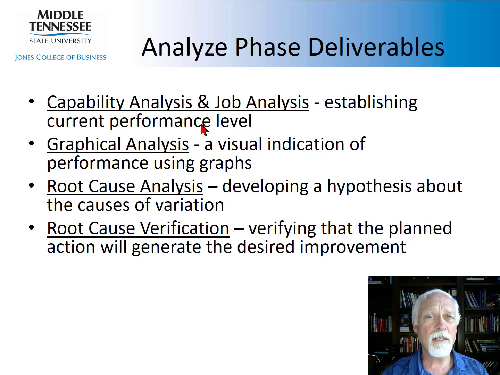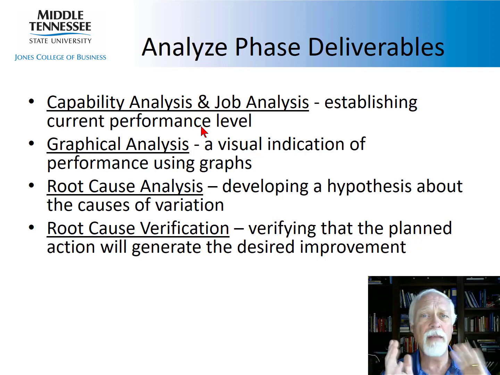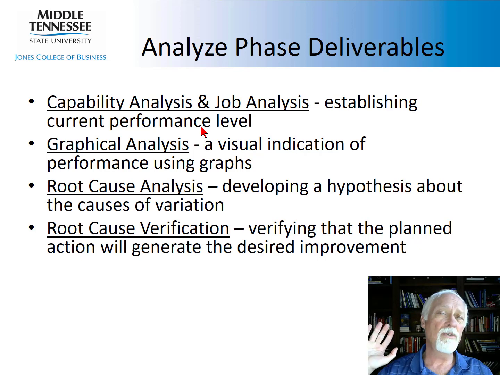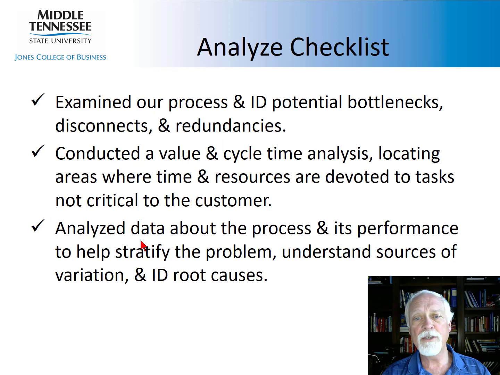Again, capability analysis is looking at the natural existing variation in your process and comparing that with the actual requirements. Graphical analysis, we've had Pareto charts, we've had scatter diagrams, histograms we've talked about. That whole process of sticky storming, a very visual sort of analysis. Root cause analysis, we talked about that, and verification.